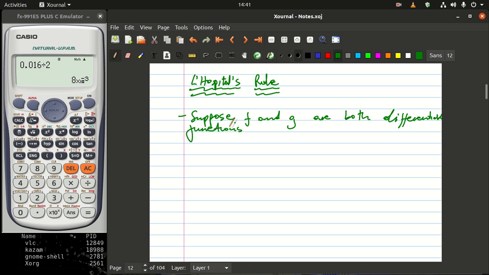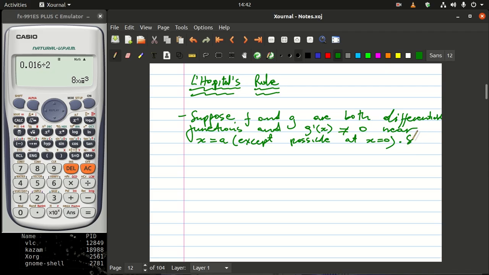So they are both functions and they are both differentiable, and g prime of x, the derivative of g at x, is not equal to 0 near x equals a. It is not 0 except possibly at x equals a. So close to this value, it is not equal to 0. It might happen that it is 0 at that point, but close to it, it is not 0.